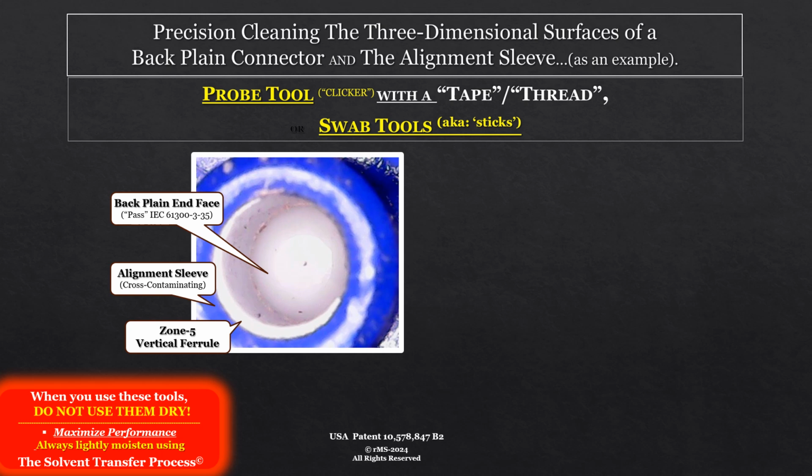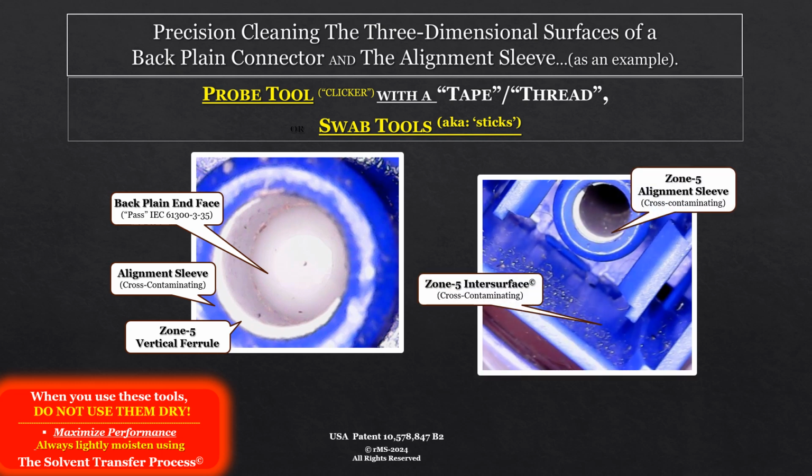The black dot in the center is the core, and that total horizontal surface, which I term zone 4, is clean. But the alignment sleeve and the zone 5 vertical ferrule are contaminated. On the other side, there is a zone 5 interface, that's the adapter shell, and then the zone 5 alignment sleeve. All of those are contaminated and subject to cross-contamination.